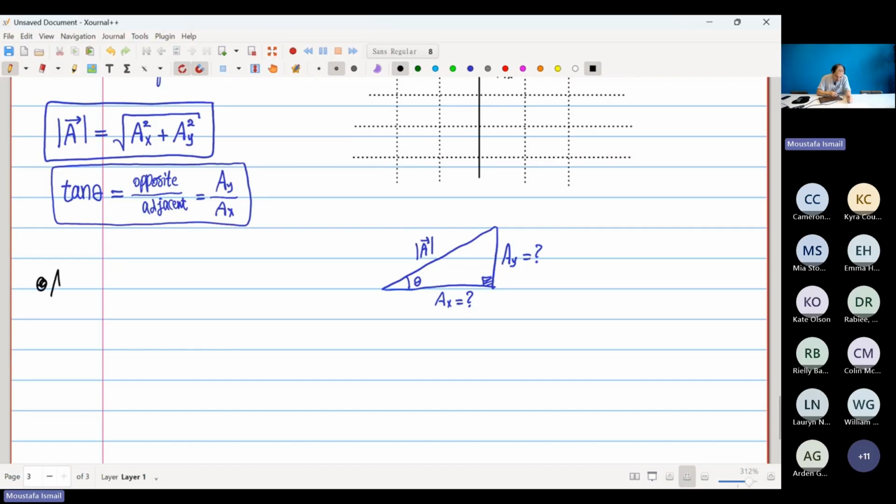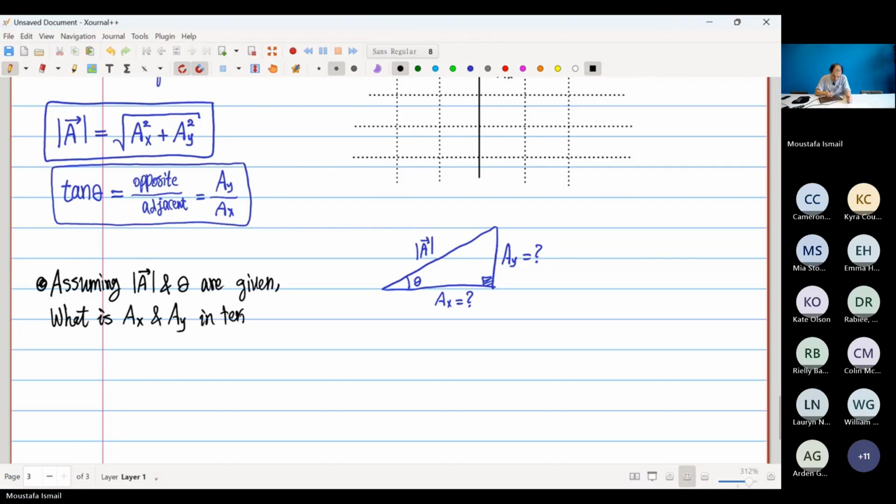So assuming A and theta are given, what are ax and ay in terms of them?